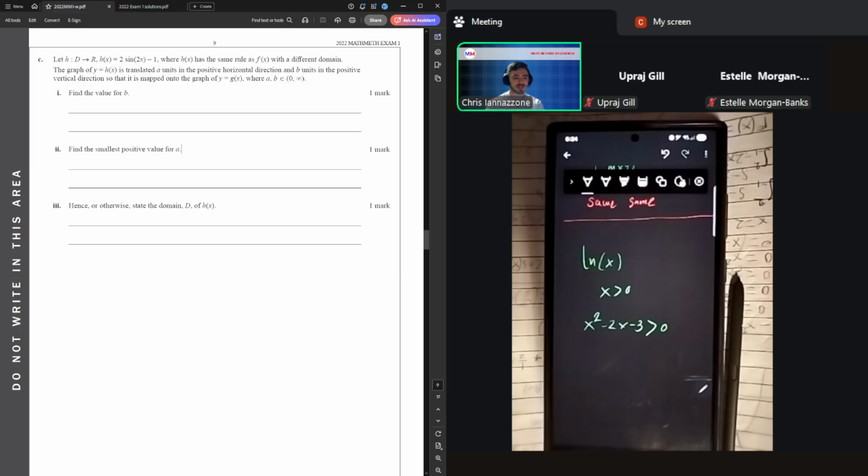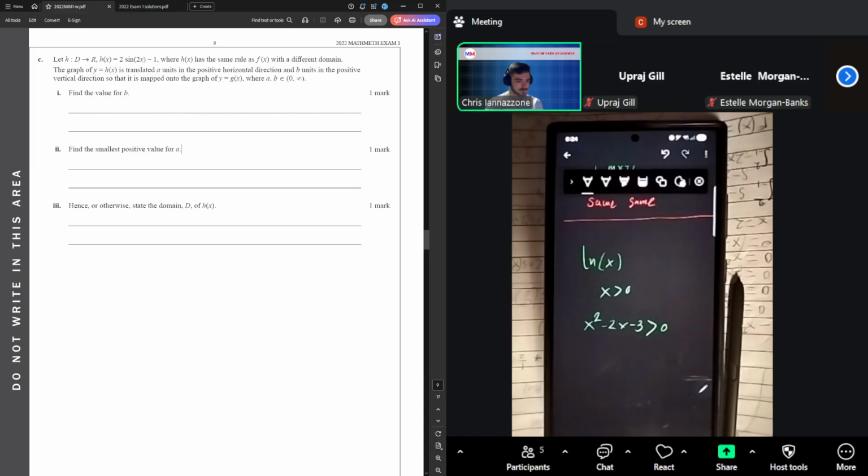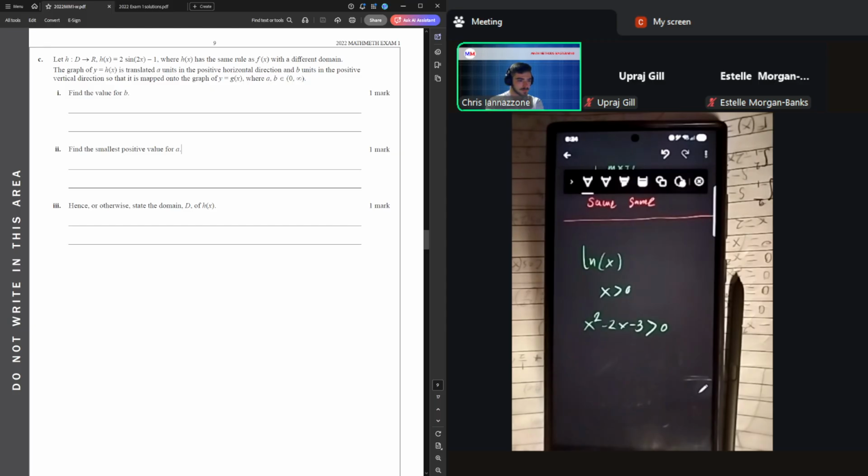One of those is smaller than the other. It's not one of those things where you can have infinite possibilities for your horizontal translation. You've got to pick the smallest positive one.